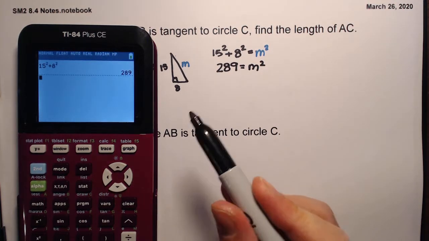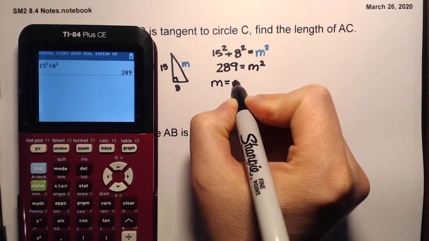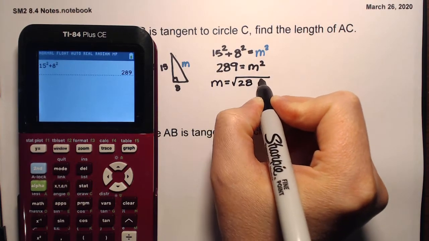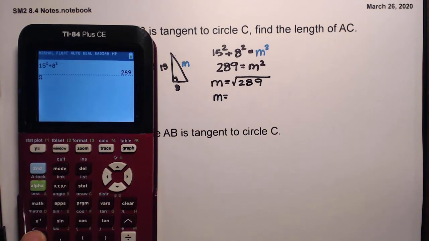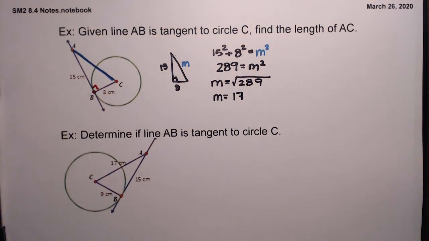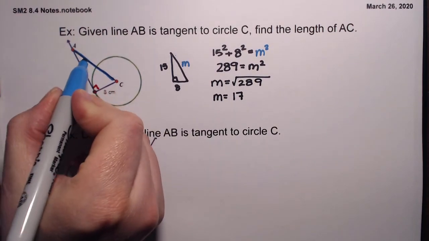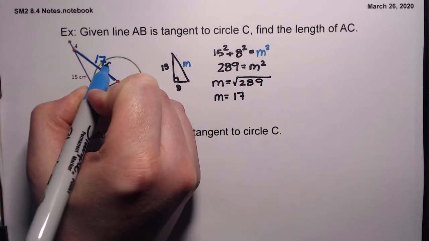And then to undo a squared, I take the square root. So let's see if we can simplify this. The square root of 289 is 17. That worked out nicely. So the length from A to C is 17 centimeters.